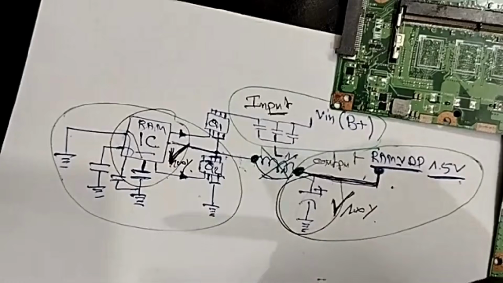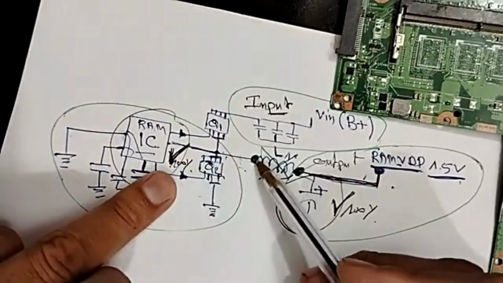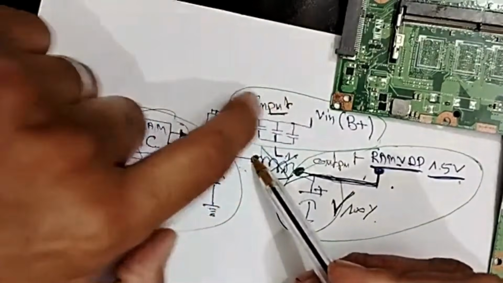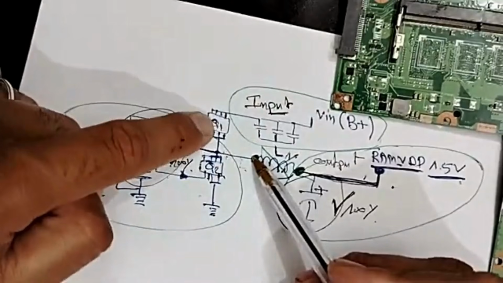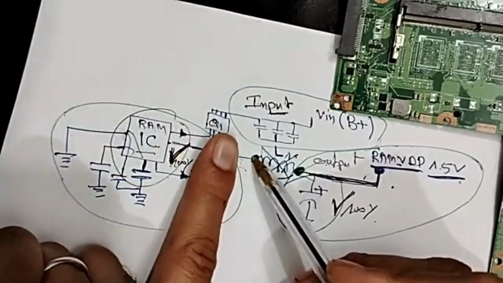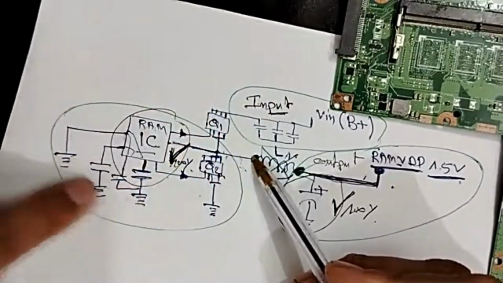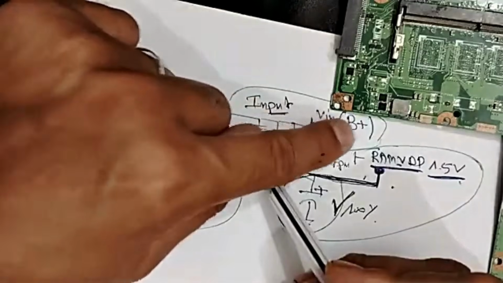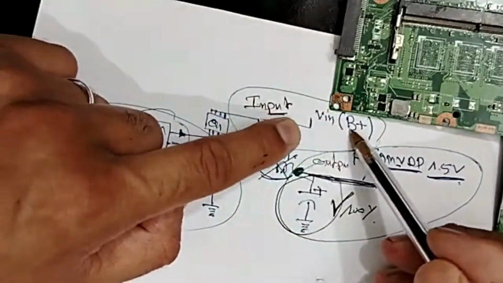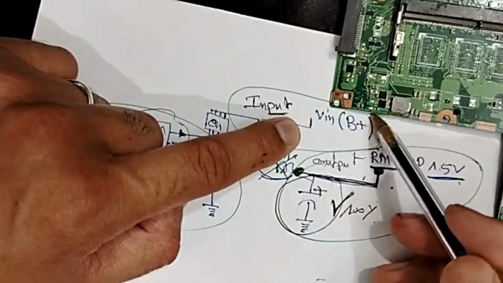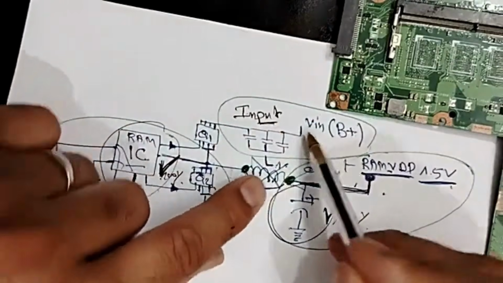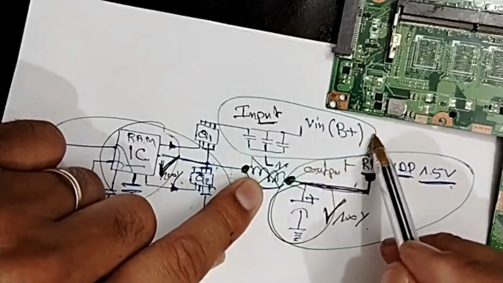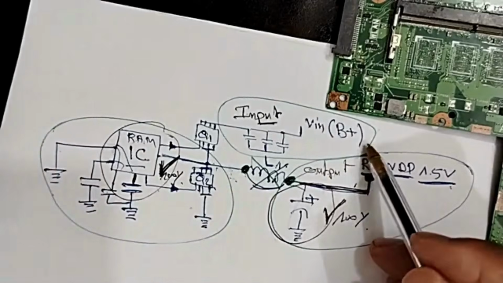But how can I know? Because this point is connected to this circle and also connected to this circle via this MOSFET. So how can I know if the short is here in the IC and ceramic capacitors, or in the ceramic capacitor and B plus, the B plus coming from the adapter? It could also be from the charge IC, because on this side we have the charge IC, we have switches, we have a lot of stuff over here.